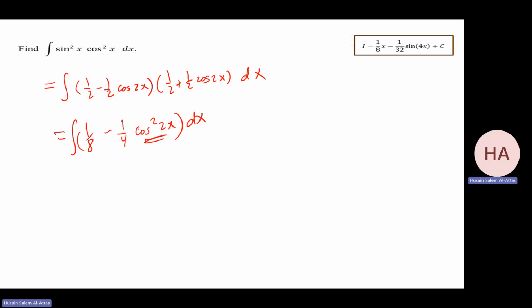So that will be 1 over 4 minus 1 over 4 times half plus half cosine 4x dx. That gives me what?